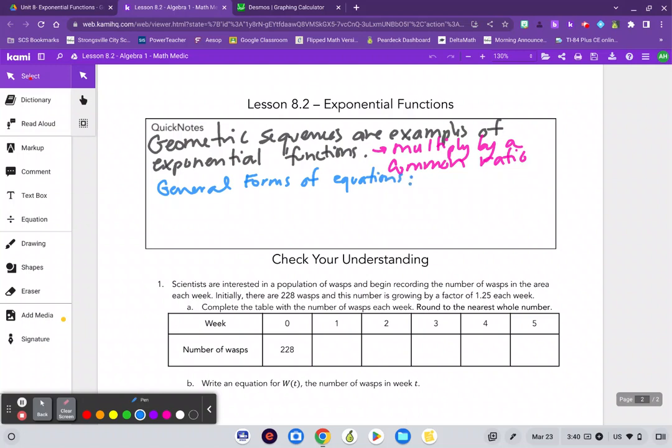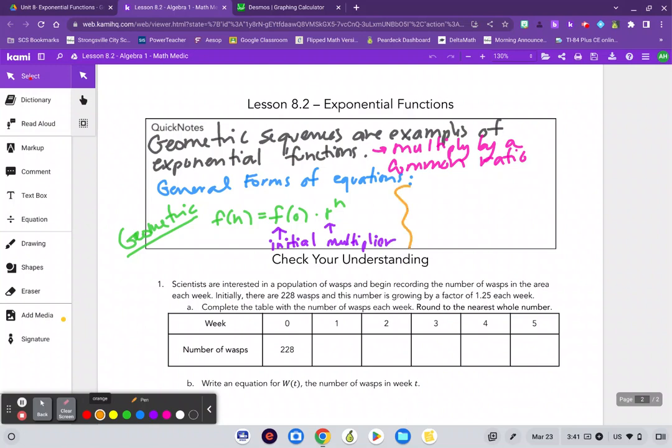Yesterday, when we talked about geometric, we wrote the equation as f of n is equal to f of 0 times r to the n. And this was my initial, and this was my common ratio, my multiplier. Call it a multiplier.